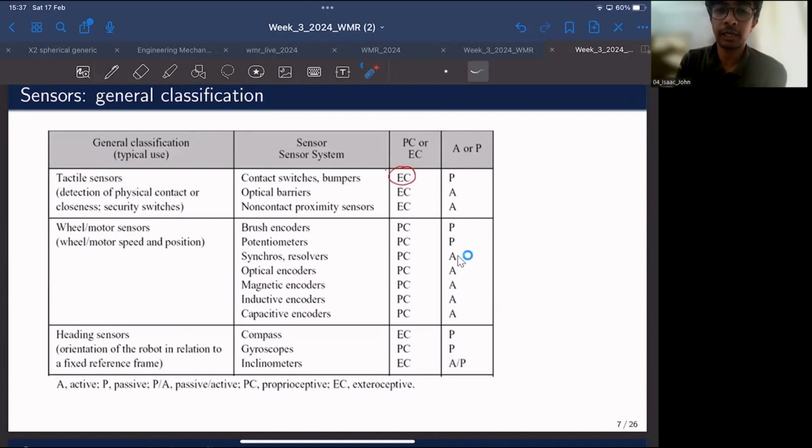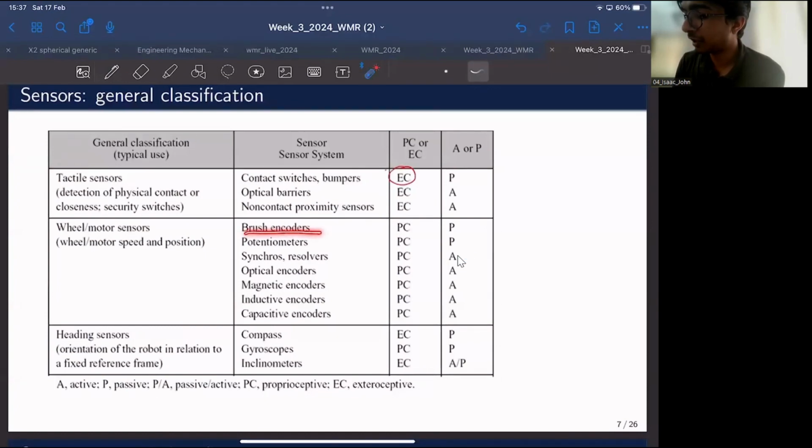So whatever kind of wheel sensors you have, since it is measuring something internal to the robotic system, each and every one of the wheel motor sensors are proprioceptive sensors, right?